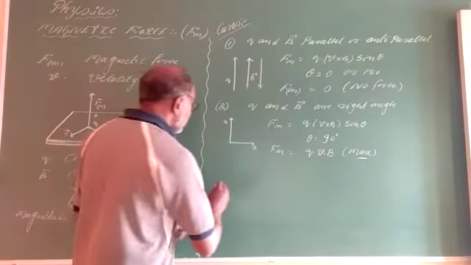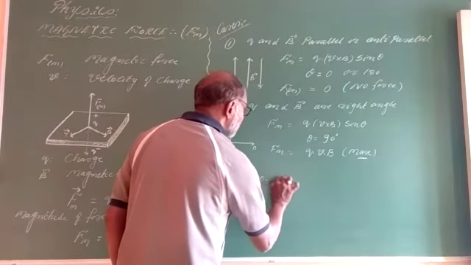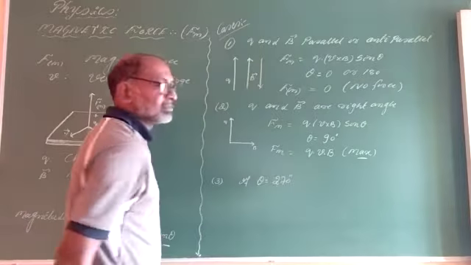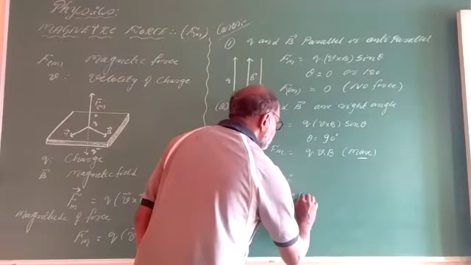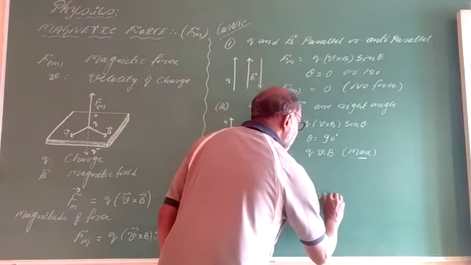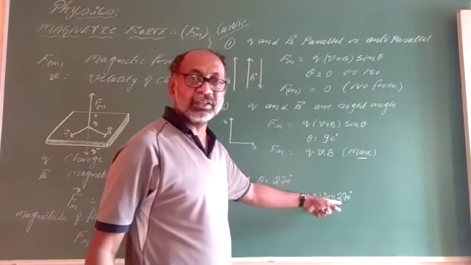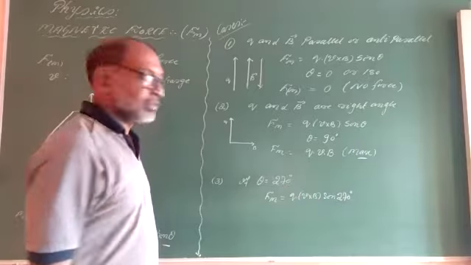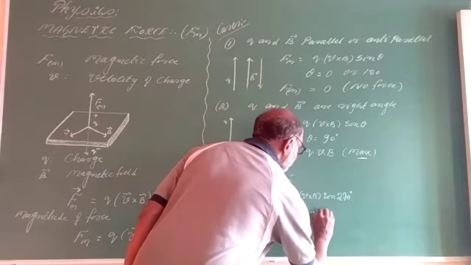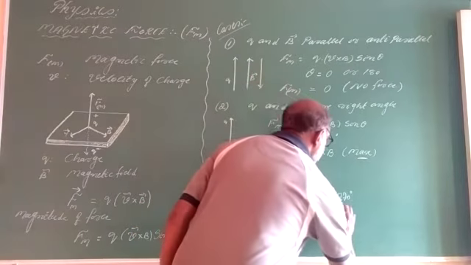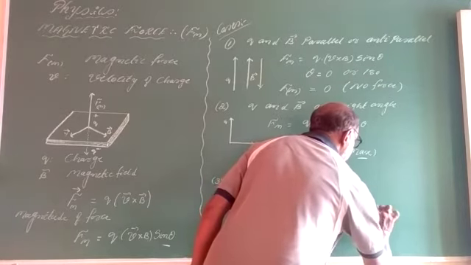Then if theta is equal to 270 degrees, F_M is equal to Q V B sine 270 degrees. What is sine 270 degrees? This becomes minus. So F_M is equal to minus Q V B. It is always considered negative, the force becomes negative.